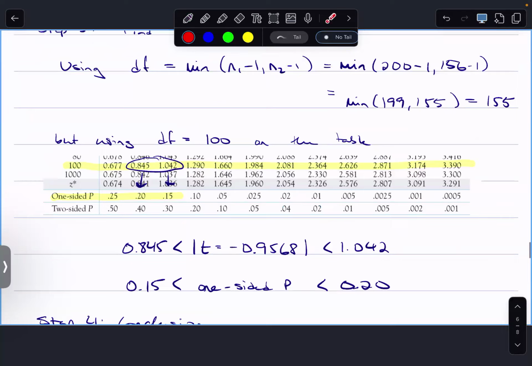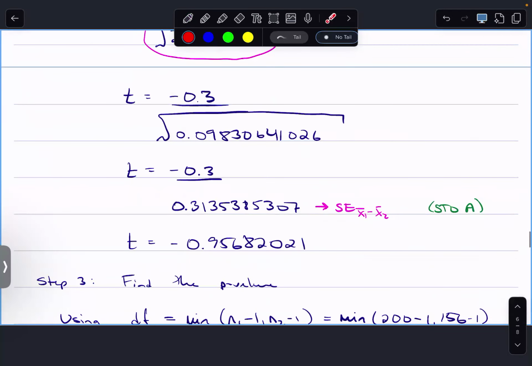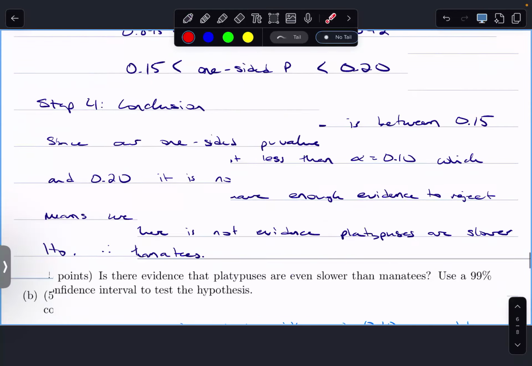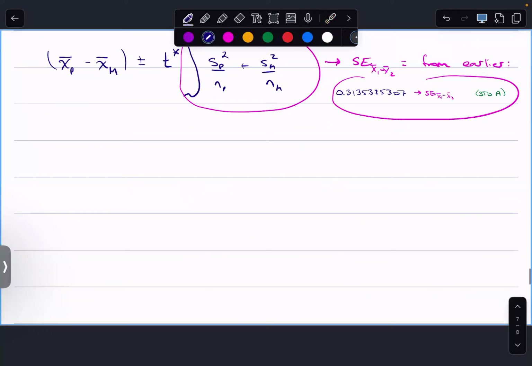It's the same as the numerator in your t. 3.6 minus 3.9 is negative 0.3. I'll write it out though. 3.6 minus 3.9 plus minus t star. We still need that t star, but can I do this? Let's get weird with it. Store A. I stored it in A on my calculator.